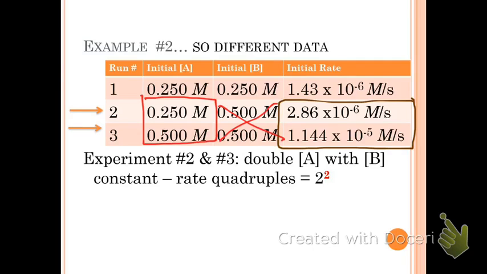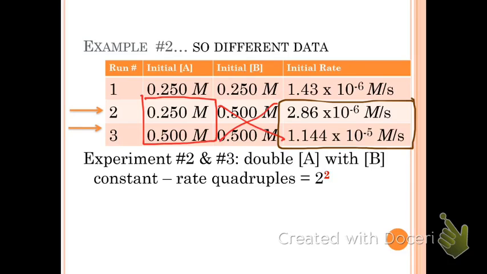When we look at that rate of reaction, we find that when the concentration of reactant A is 0.25 molar, the rate is 2.86 e to the negative 6 molar per second.